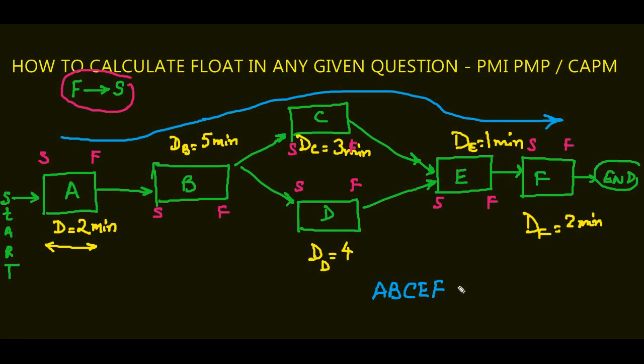Total 13. If you have confusion, let's do it again: it's 7, 10, 13. So total duration of activities A, B, C, E, F is 13 minutes. Okay, beautiful.